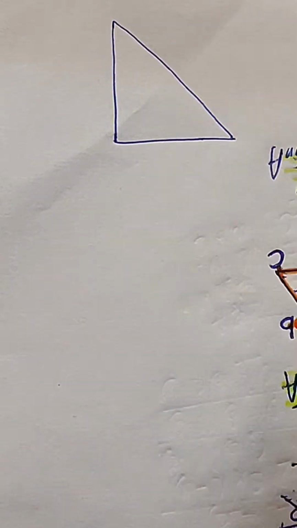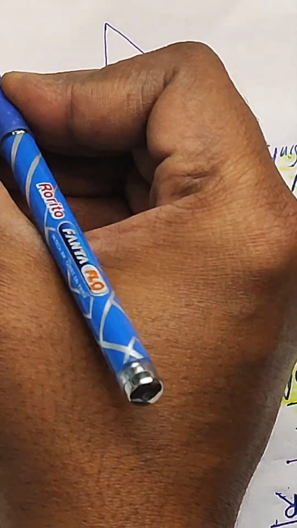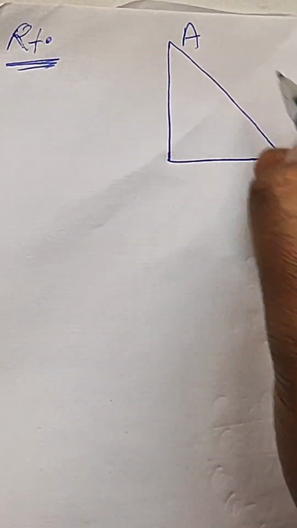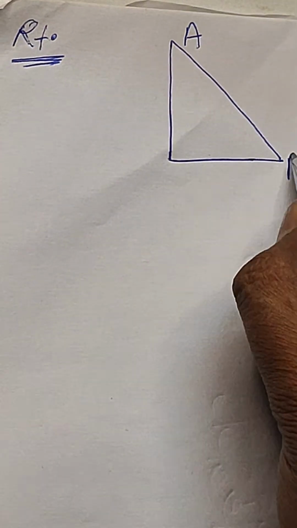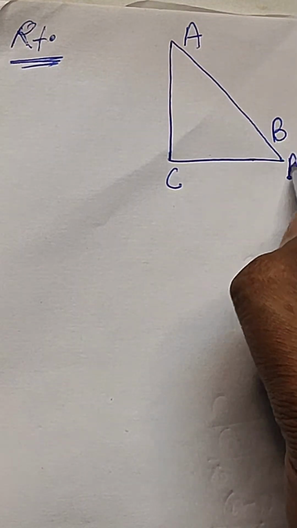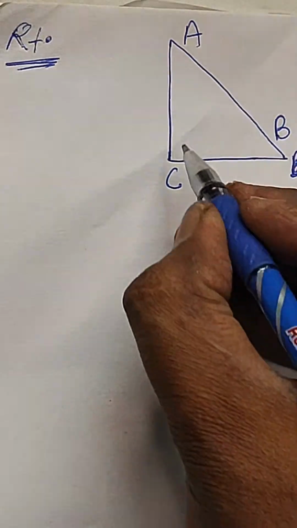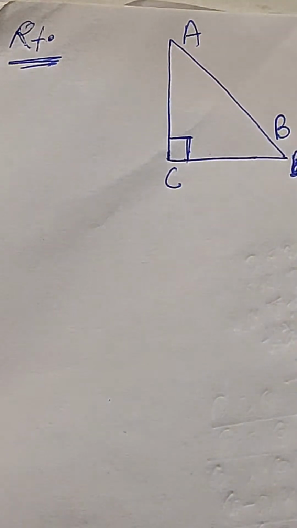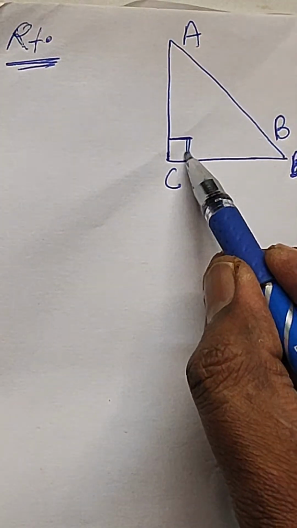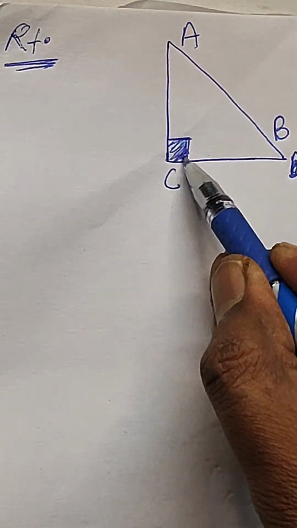we have considered the acute case. Now for a right angle triangle, a triangle with one angle of 90 degrees, let us say this is A, this is B, and this is C. This angle is 90 degrees, right?